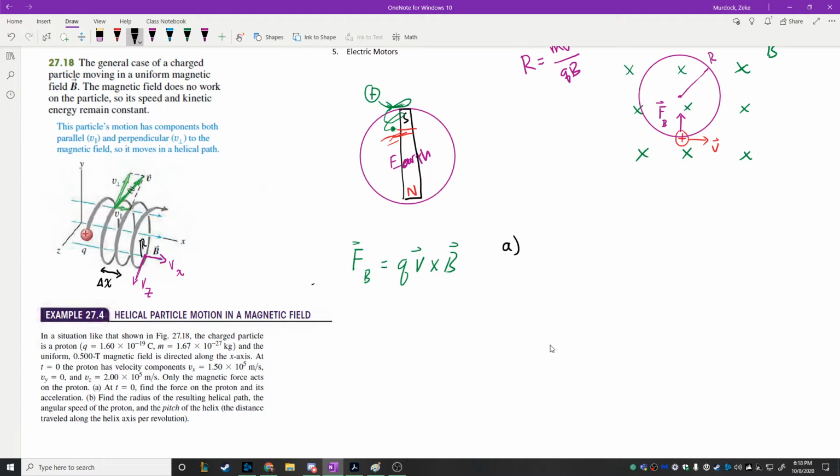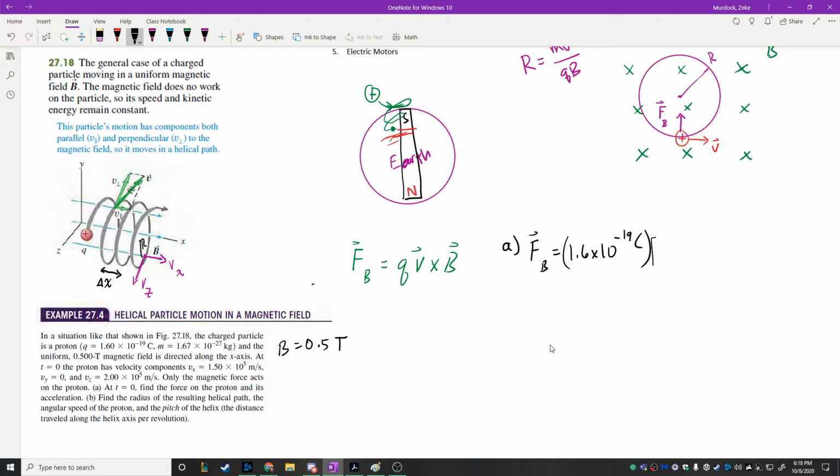All right, so we have charge. We're given the magnetic field right here. And we know the components of the velocity vector. So we'll say that the force is going to be equal to the charge, which is 1.6 times 10 to the negative 19, multiplied by v cross b.